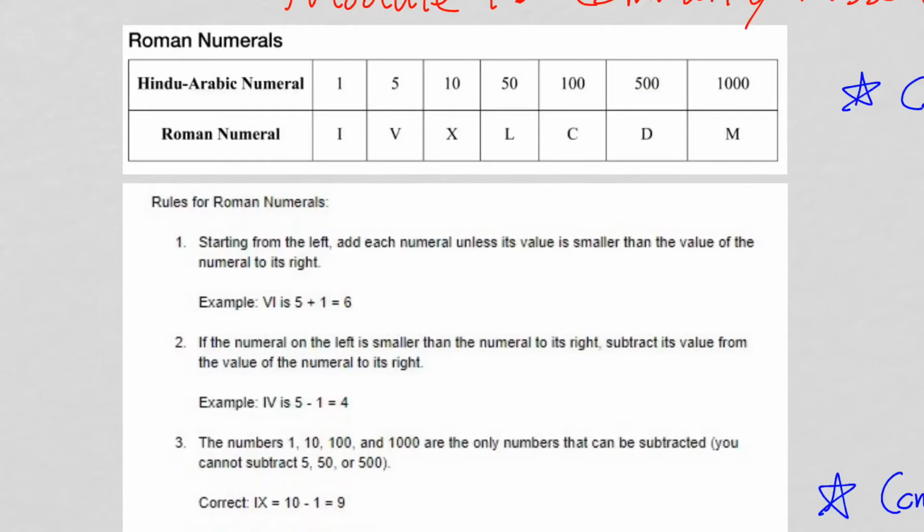And the symbols are I, V, X, L, C, D, and M. I don't know if you realize that on pages 166 and 167 in the textbook, I have summarized the rules for Roman numerals here with some examples.